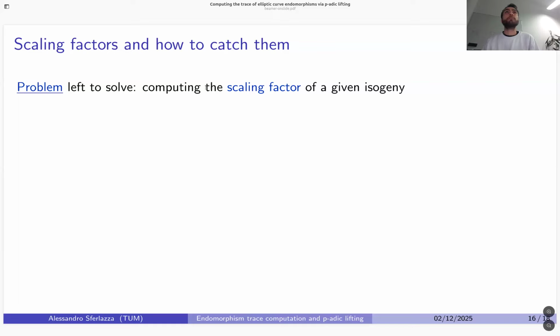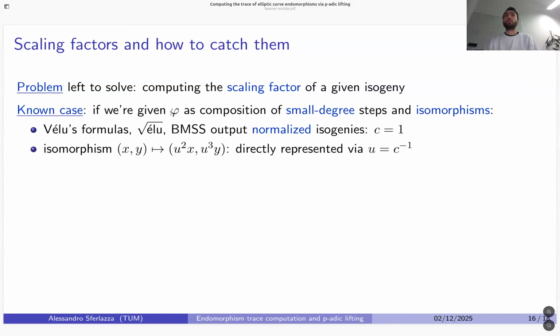There was a problem that I left unsolved from the beginning. That is, in general, how can we compute a scaling factor? We've seen that for chains, for compositions of maps of small degree and isomorphisms, which are also of small degree because they're isogenies of degree 1, we know we can combine the scaling factors of the single steps.